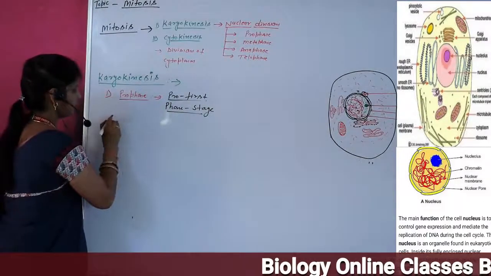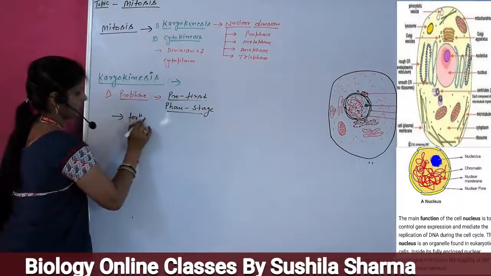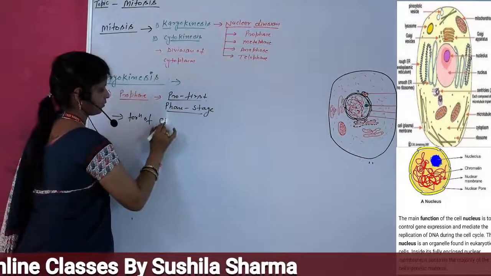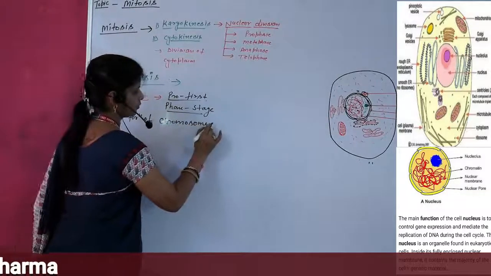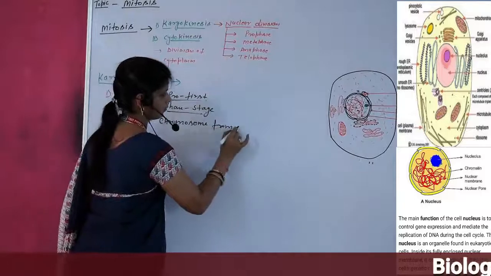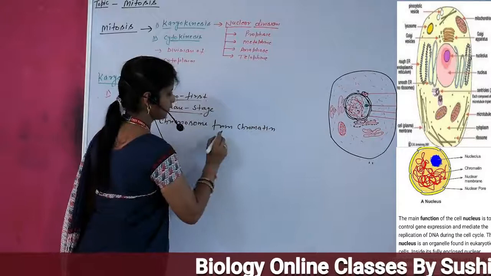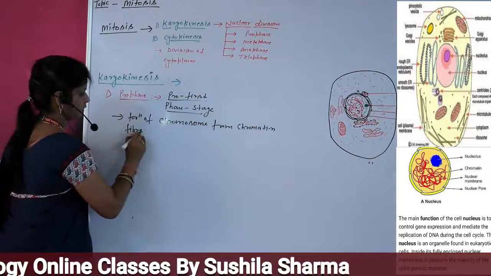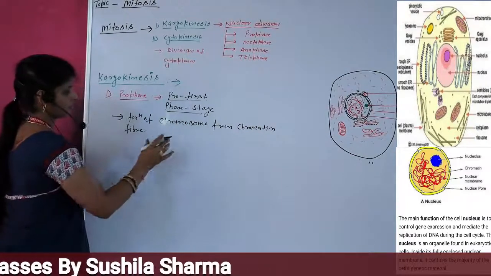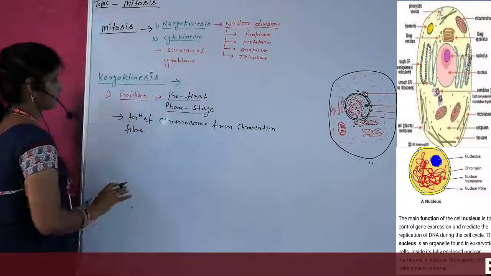The main event of prophase is the formation of chromosomes from chromatin fibers. It is the main function of this stage.